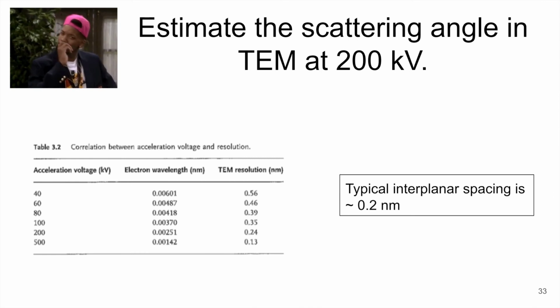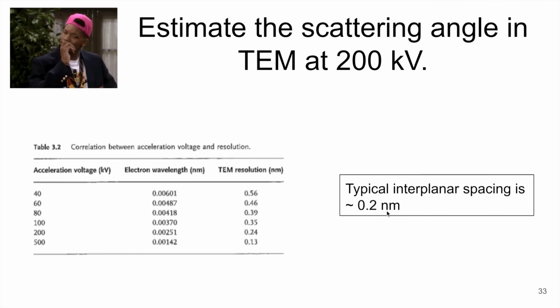All right, so let's look at the next quiz question I have for you. If we're talking about this diffraction contrast, there's going to be a specific scattering angle with these materials. So let's say that we have a typical interplanar spacing, and we're just using a generic 0.2 nanometers.